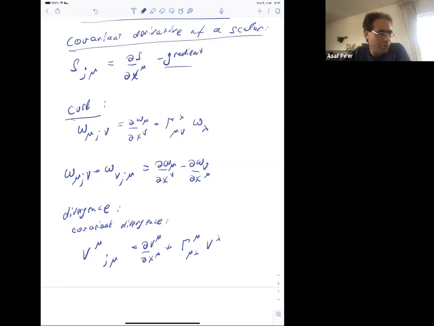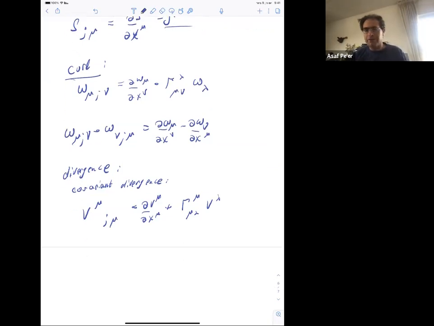Now we do a little bit of a trick. The trick is that now I can use the definition that we had and the symmetric part.